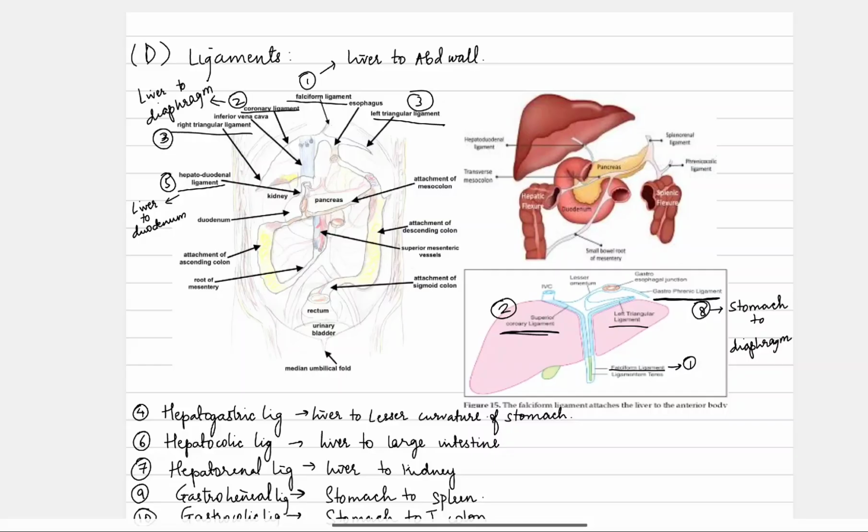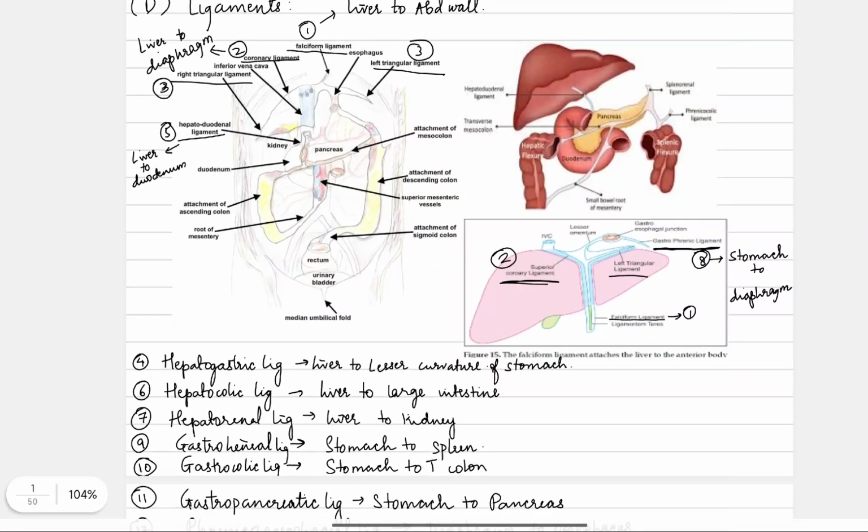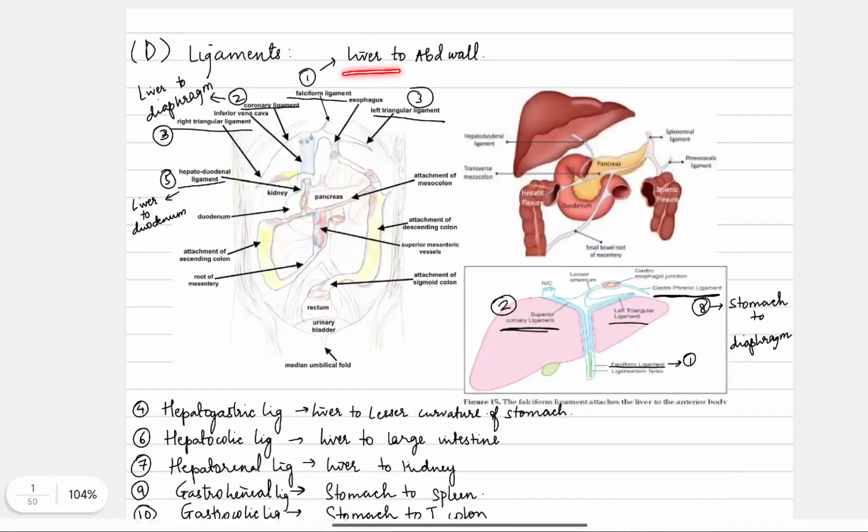Now next are ligaments. A ligament helps to connect adjacent organs. For example, the hepatogastric ligament. There are many ligaments. First is the hepatogastric ligament, which connects the liver to the lesser curvature of the stomach.